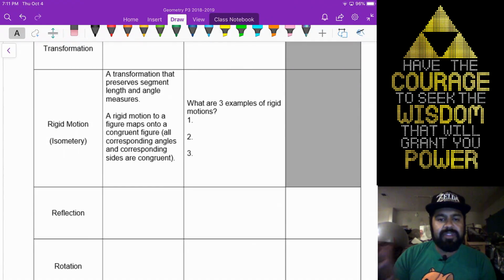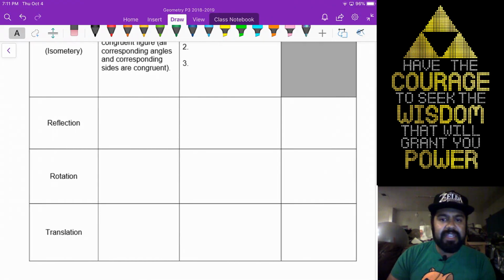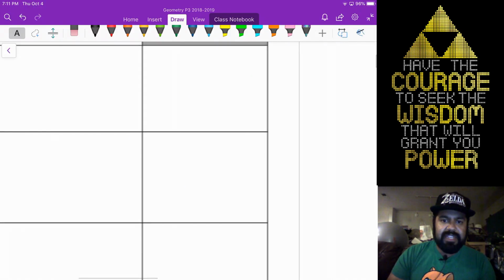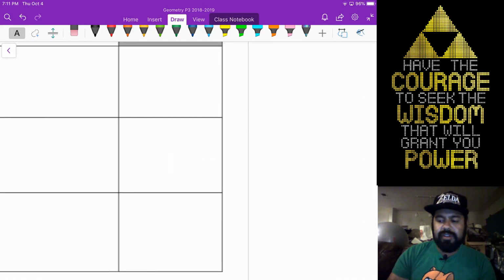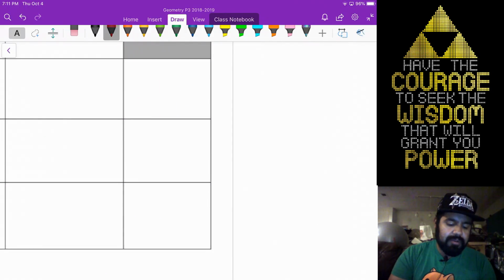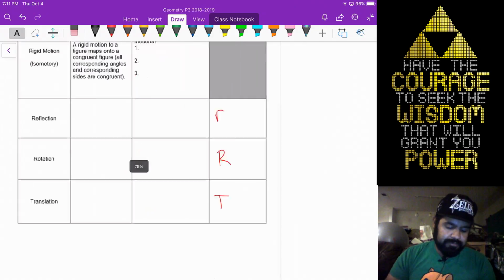So you need to know what those 3 are. I'll give you a hint, they're all the transformations we've done. And then you need to be able to give examples and show me the notation. Again, that is what's on your worksheets, the ones where we had our capital R or our lowercase r. And then you had the extra parts.